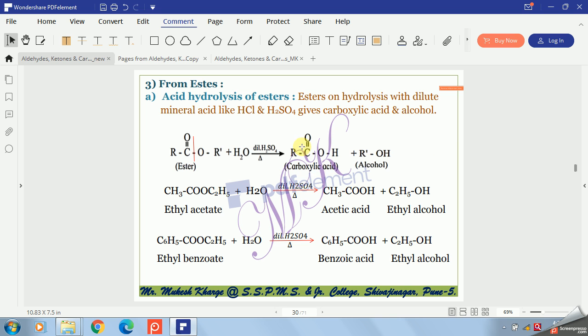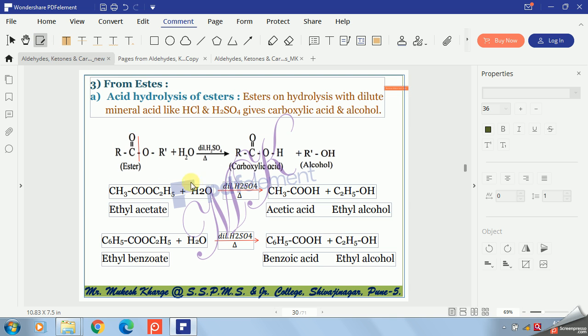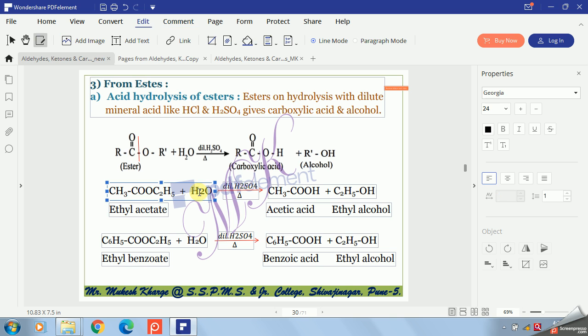Do not break the bond between R' carbon and O. OH will not attack on this oxygen. So always break this bond, and we get this acid and alcohol. For example, you can write the reaction like this.